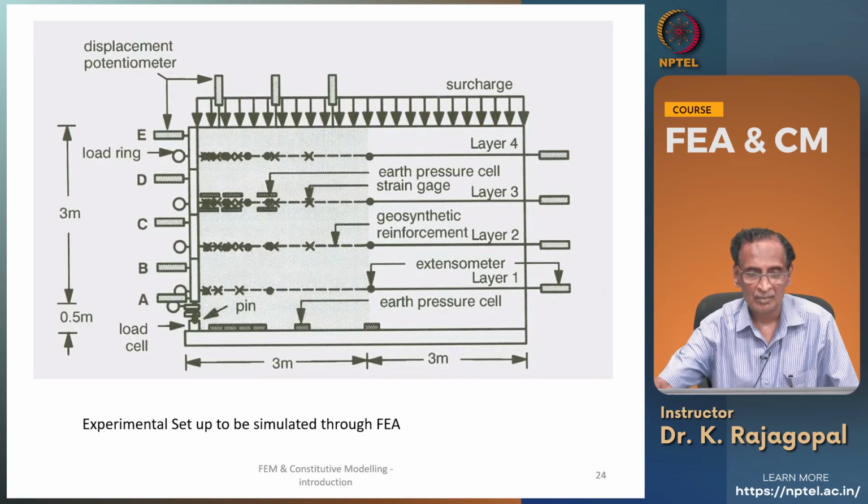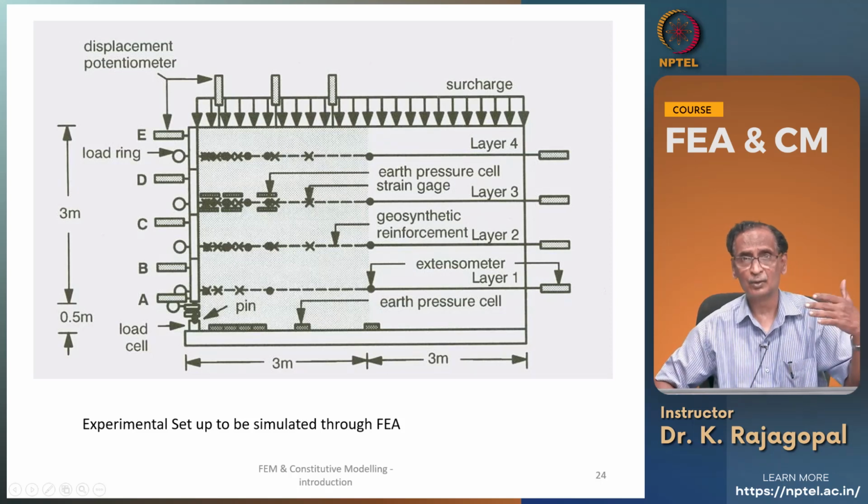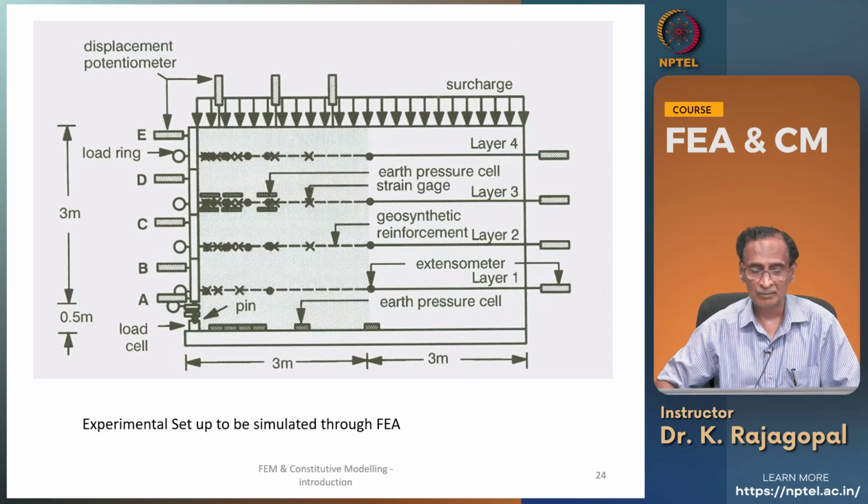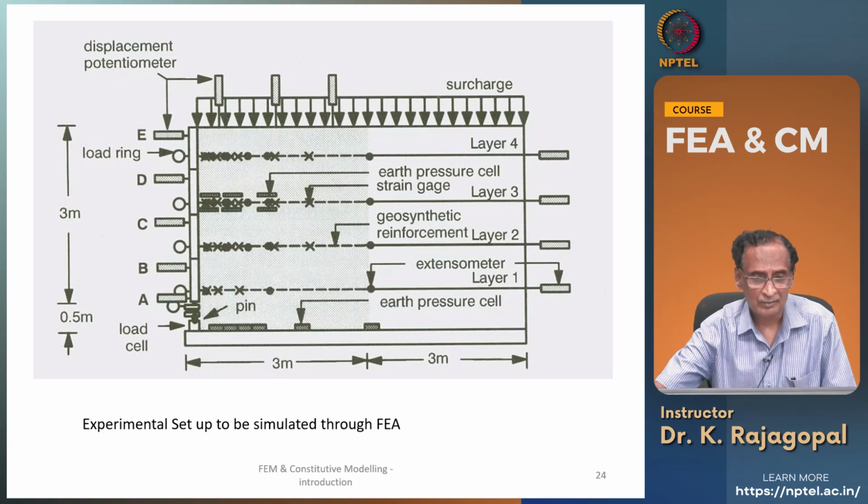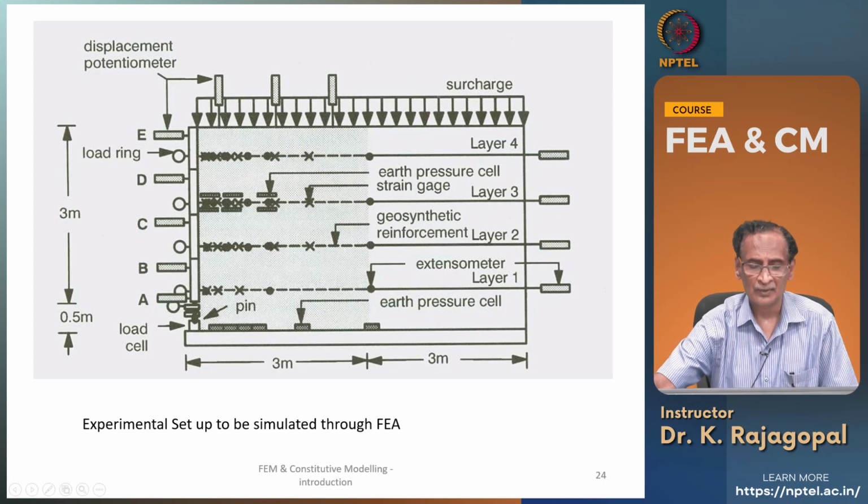And this is the complete schematic of the cross-sectional view of this testing. The soil is 3 meters high, and the length of the soil is 6 meters, and these dashed lines are the reinforcement layers. There are totally 4 reinforcement layers, each at 750 millimeter spacing.